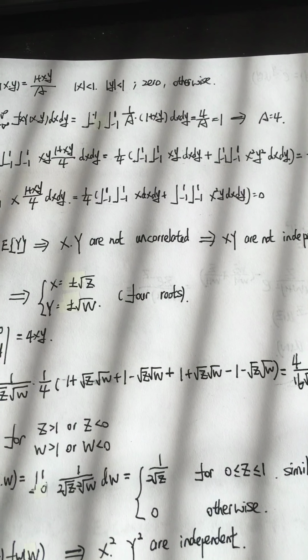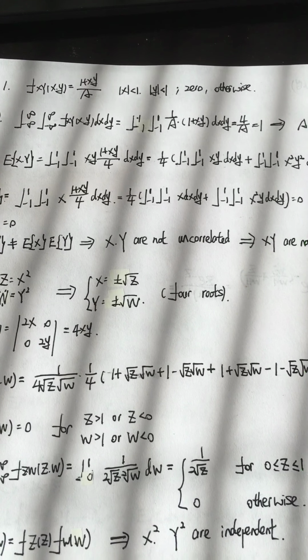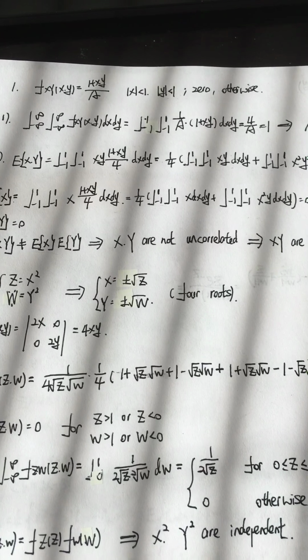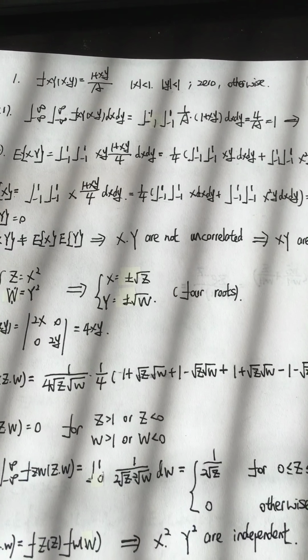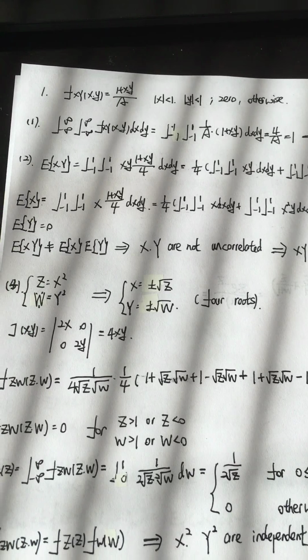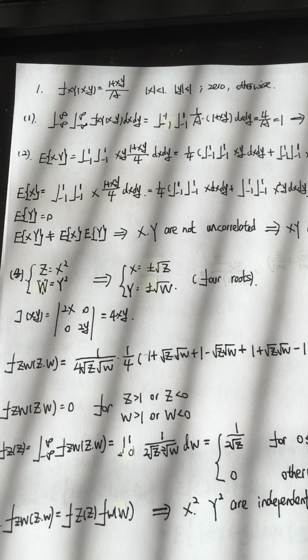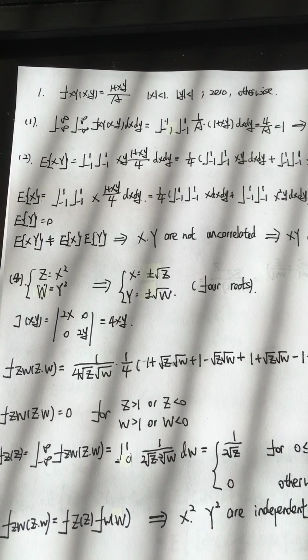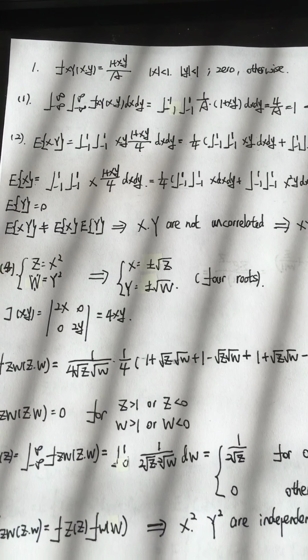There are 2 roots for z equals x squared and 2 roots for omega equals y squared. So then we can get that the Jacobian J(x,y) is equal to 4xy.